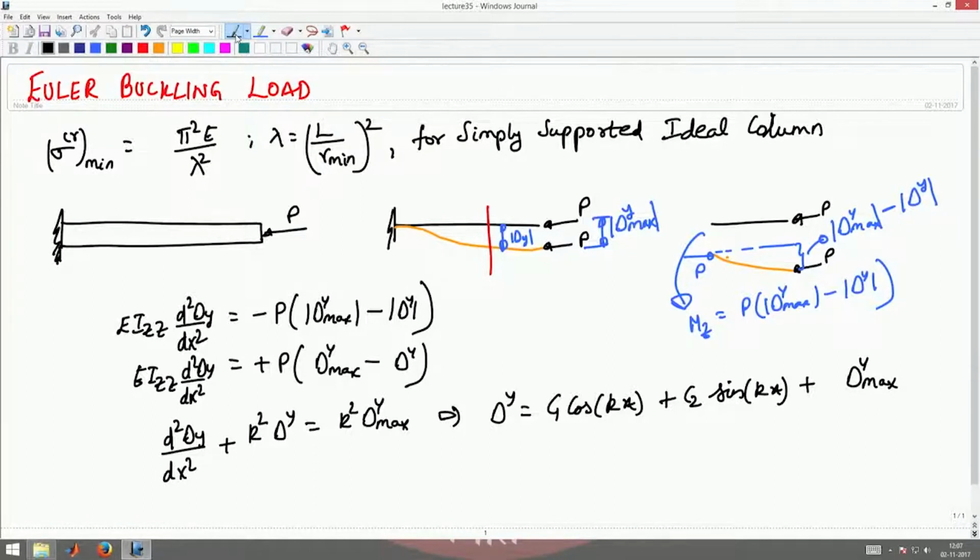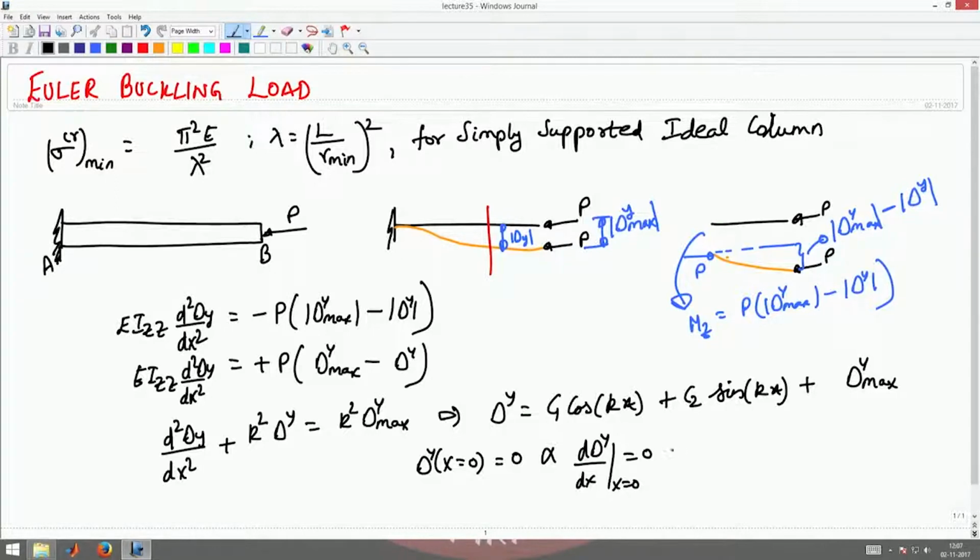Now I substitute the boundary conditions. With end A being fixed and end B being free, the boundary conditions are delta y at x equal to 0 must be 0, and d delta y by dx at x equal to 0 must be 0. Delta y at x equal to 0 is C1 plus delta y max, and this has to be equal to 0. And d delta y by dx at x equal to 0 gives us C2 k equal to 0.